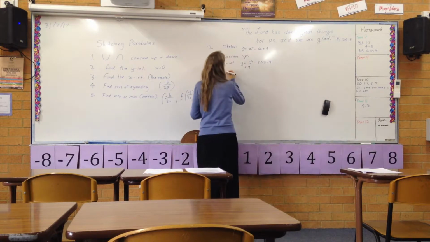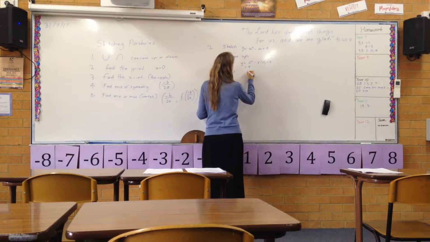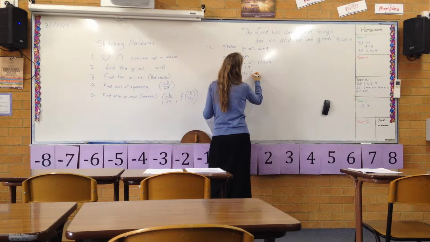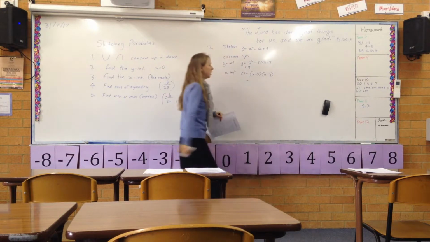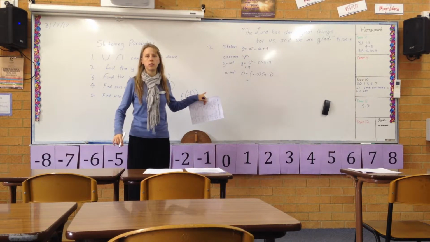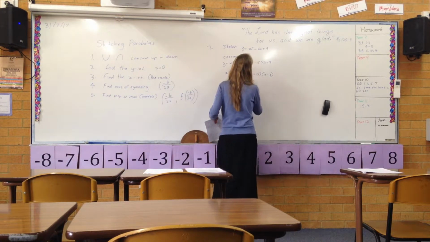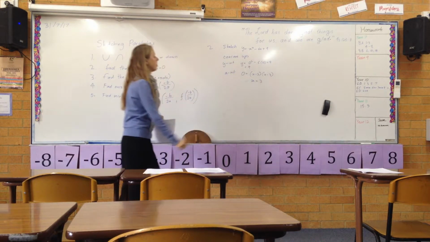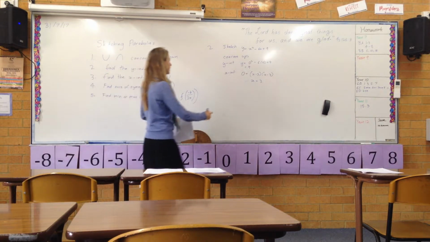So for the x-intercept, we know it's when y is 0. So 0 equals (x minus 3) squared. How many roots does this have? It only has one root this time, x equals 3. Okay. So I've found the x-intercept, so now I need to find the axis of symmetry.